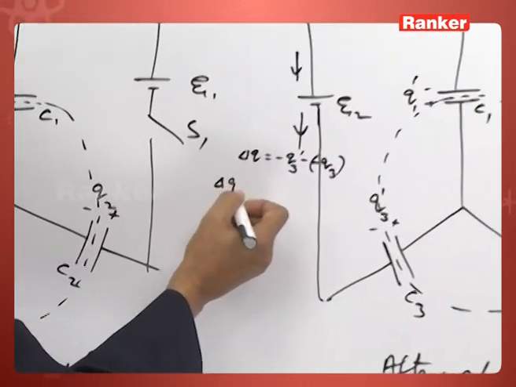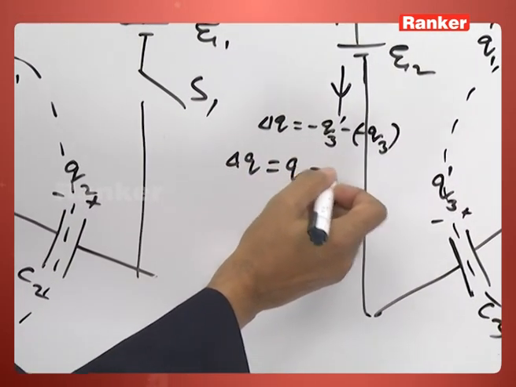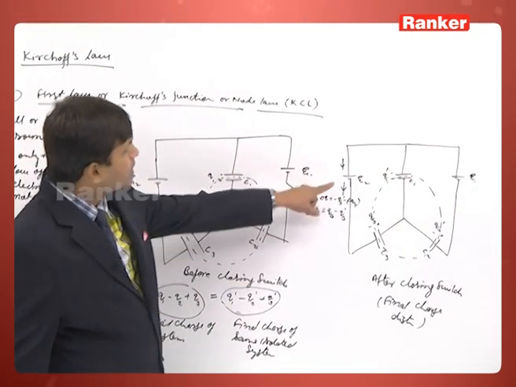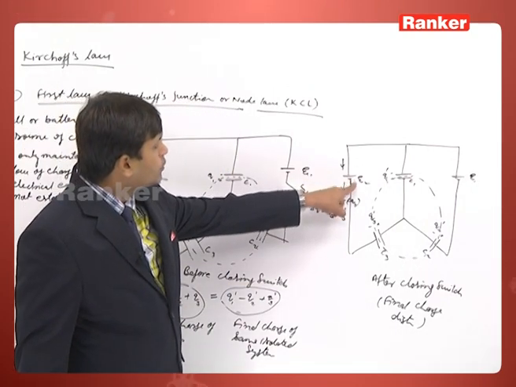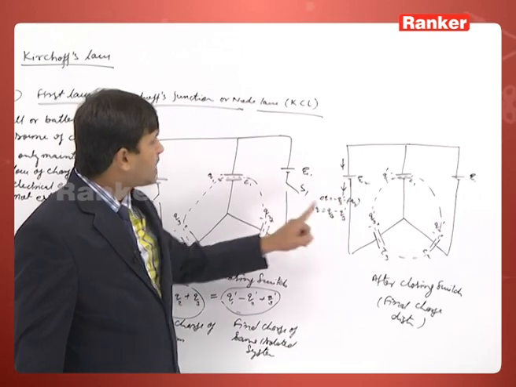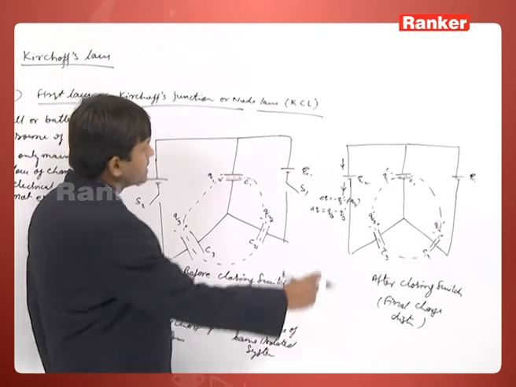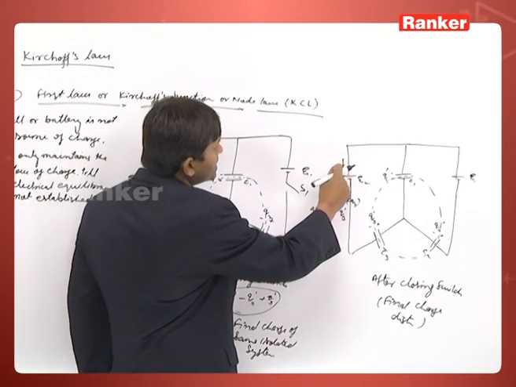So delta Q is nothing but Q3 minus Q3 dash. This is the amount of charge that has flown through the lower potential terminal of a cell after closing switches S1 and S2. Now see here, how much charge will come here?